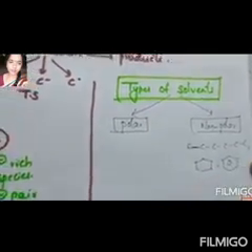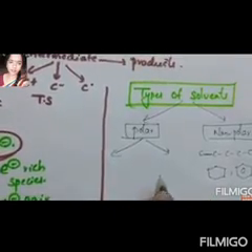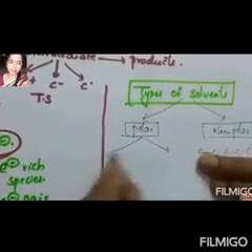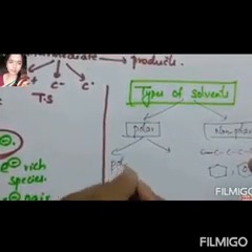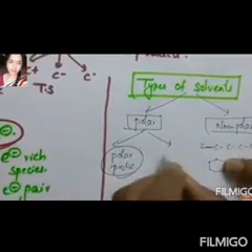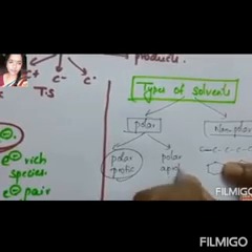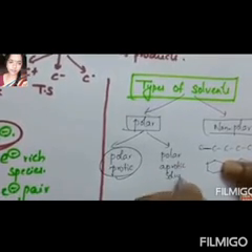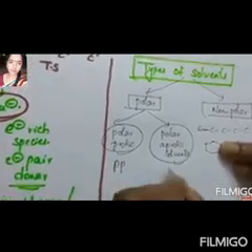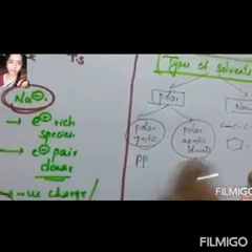Now come to the important topic, polar solvent. Polar solvent can be further classified into two: the first one is polar protic solvent and another one is polar aprotic solvent. Polar protic solvent short form is PP and for polar aprotic the short form is PA.